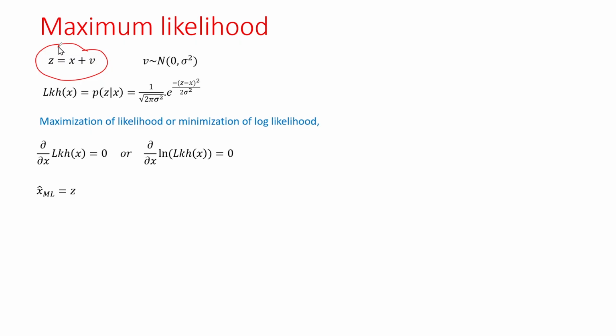X is the underlying state that we need to find out, so X is my hypothesis. I am writing E for evidence and H for hypothesis. V is your measurement error, and it is a zero mean white Gaussian.